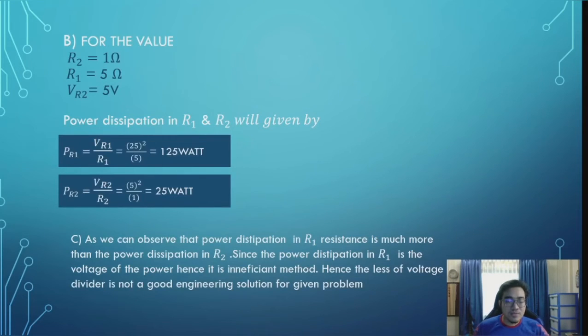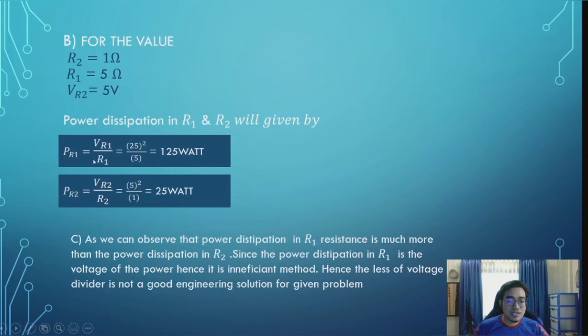And then for B, for the values R2 = 1 ohm, R1 = 5 ohm, and VR2 = 5 volt, the power dissipation in R1 and R2 is given by this.